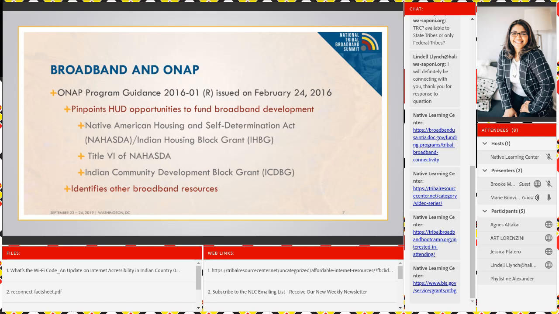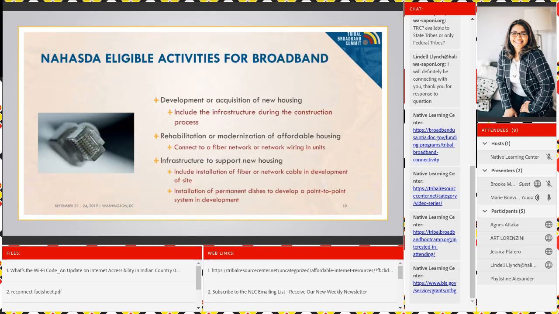So let's look at eligible activities. Under development or acquisition of new housing, there is an area that says include the infrastructure during the construction process, right? So that is your ability to support broadband efforts. Also, rehabilitation or modernization of affordable housing: you can connect to a fiber network or network wiring in units.